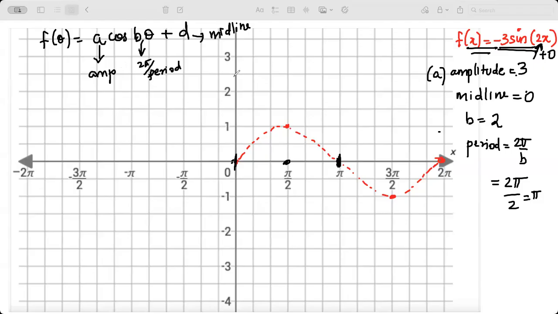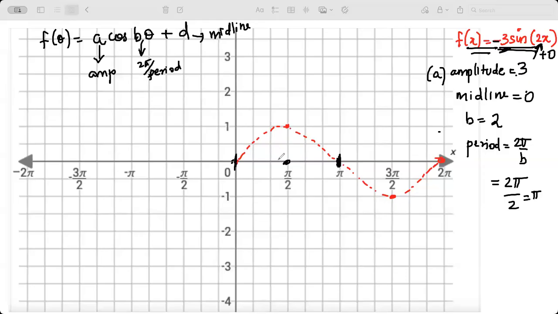And what is the maximum? Maximum is 3, but it has got a reflection. So basically I should have plotted like this. Maximum is 3, so this point should have moved up. I'm sorry, amplitude is 3, right?